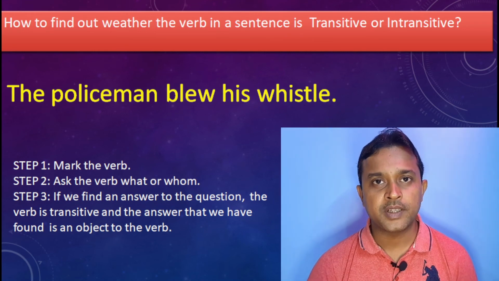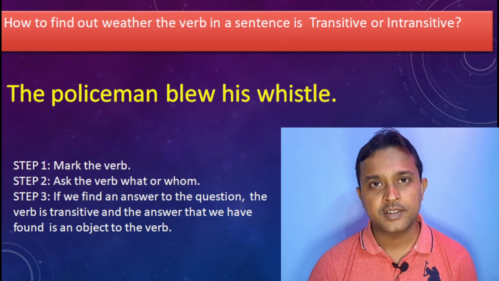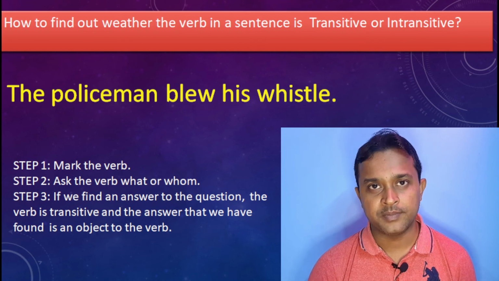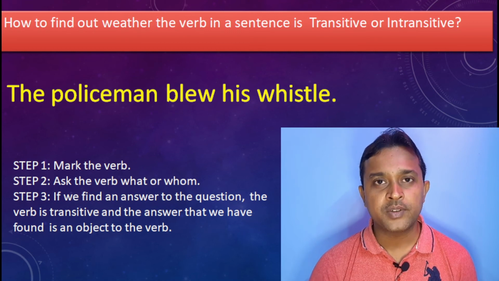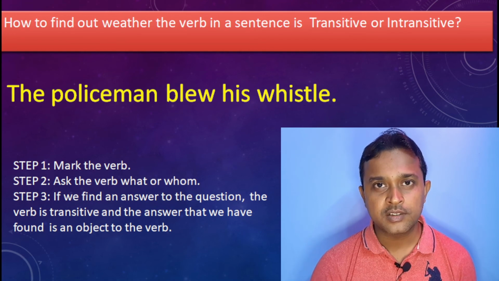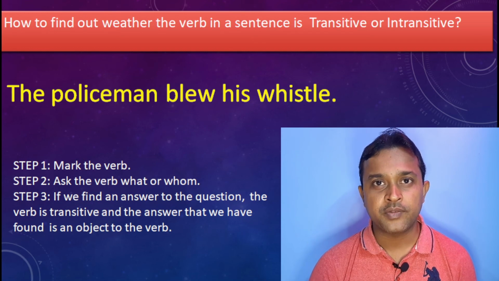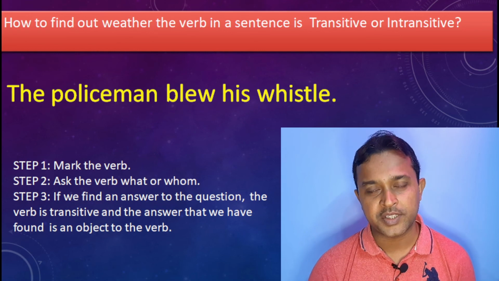The policeman blew his whistle. Here in this sentence, blew is the verb. Now we have to ask the verb blew what or whom, and try to find out if we get any answer to this question.